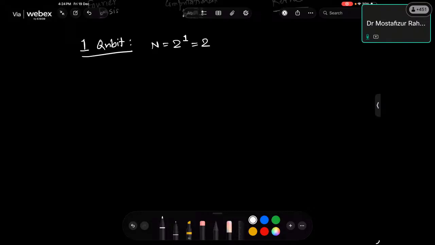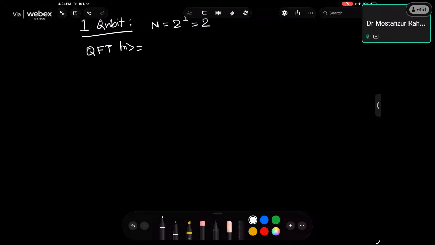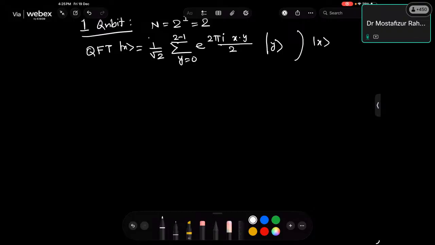Two bases we have, ket 0 and ket 1. So if you do QFT on ket x, which is 1 upon square root 2, summation y equals 0 to 1, e to the power 2 pi i x times y by n, where n equals 2, ket y, and this entire story into ket x, right?